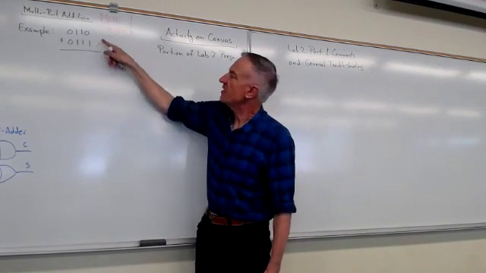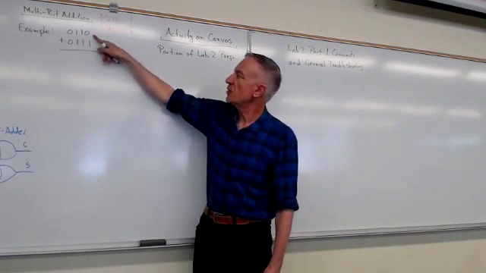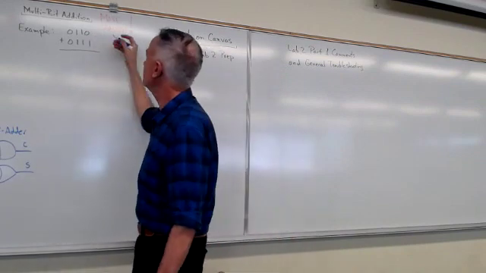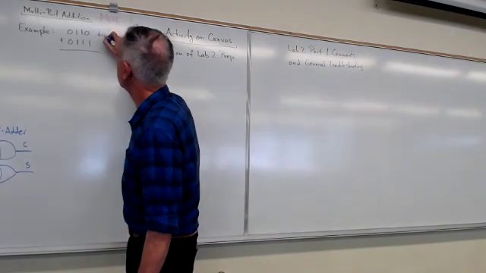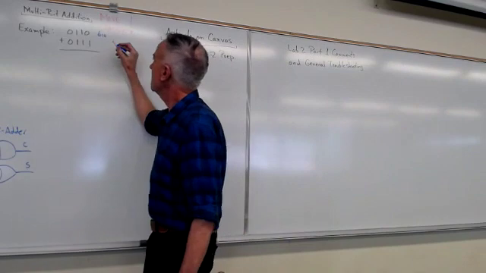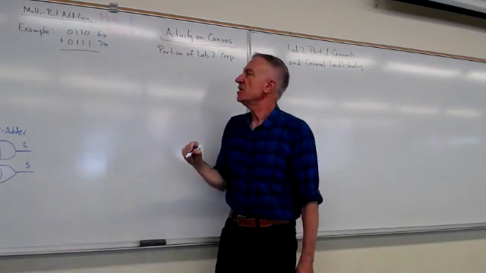In fact, what are we adding here? What are these two numbers in base 10? What is 0, 1, 1, 0 binary in base 10? 6? I've heard someone say 6. That's 6 in base 10. How about 0, 1, 1, 1? So you see this example is adding 6 plus 7 in binary.